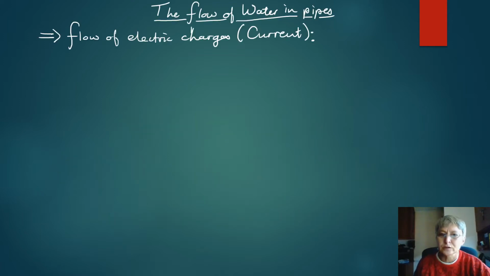Now, to visualize the flow of electric current in a circuit, you could use the flow of water in pipes.